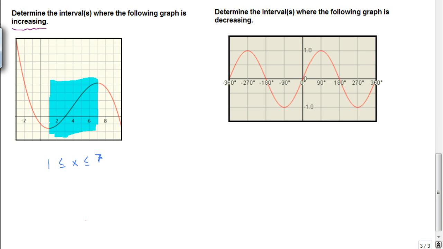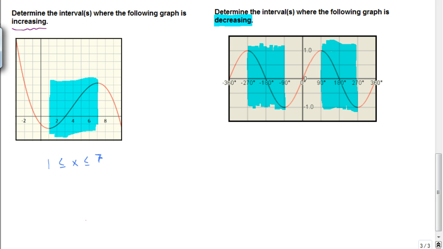For the next one, we should see that here we're looking to see where is the graph decreasing, and it's decreasing between these in this interval, and again it's decreasing through this interval. So to identify those intervals, again we look at the x-axis, and this time our x-axis is in degrees.